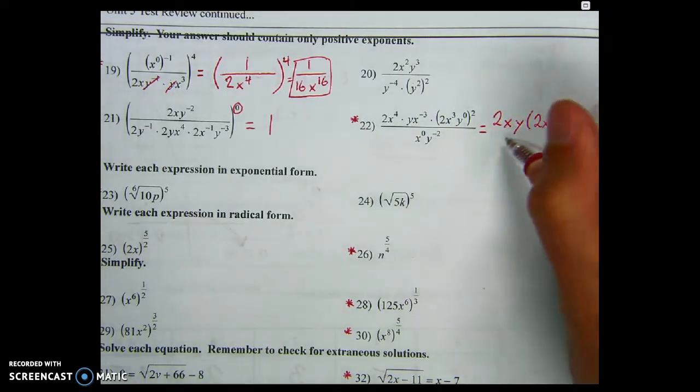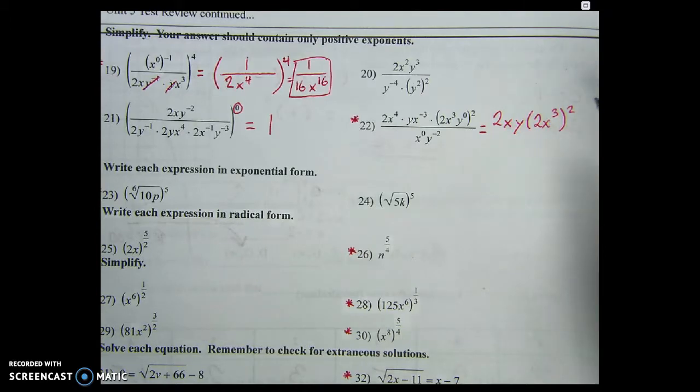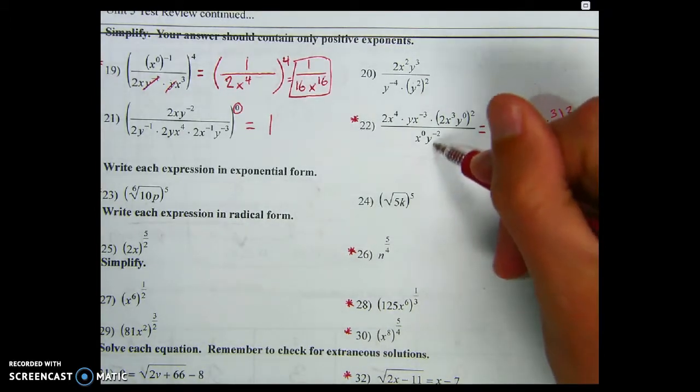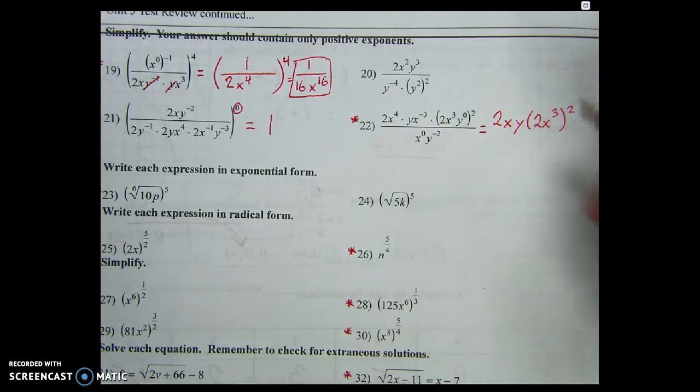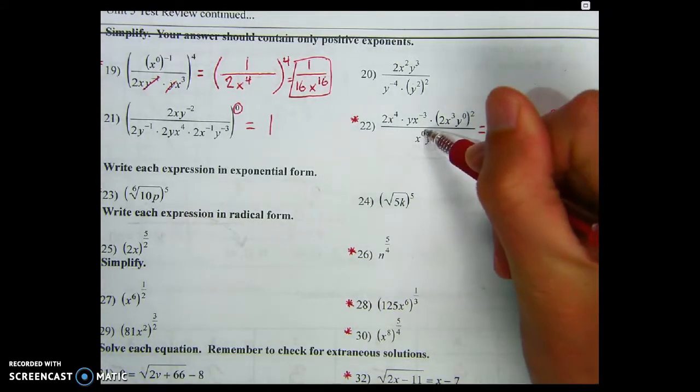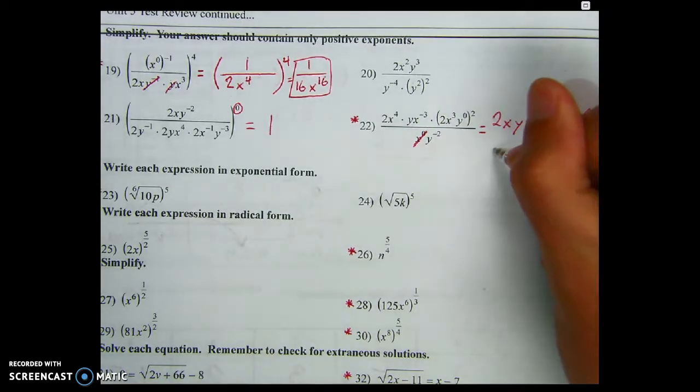Next, it turns out that y to the negative 2 is going to go up here into the numerator, isn't it? So really, we have a y squared on the outside as well. Okay, and x to the 0, I don't even have a denominator because x to the 0 is just 1. So really, what does this turn into?